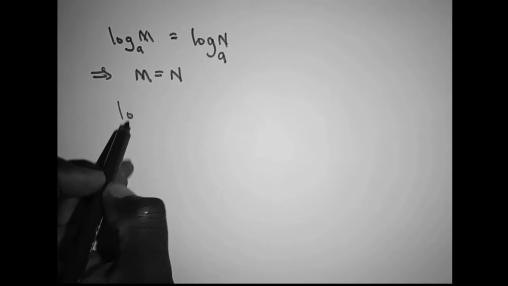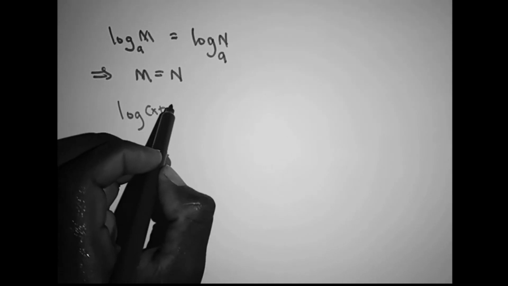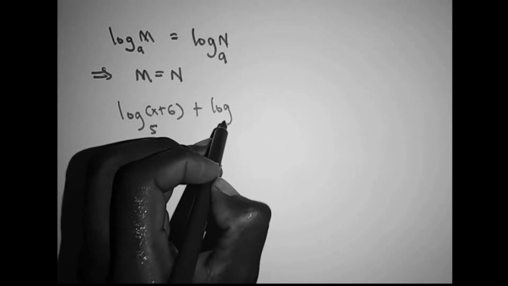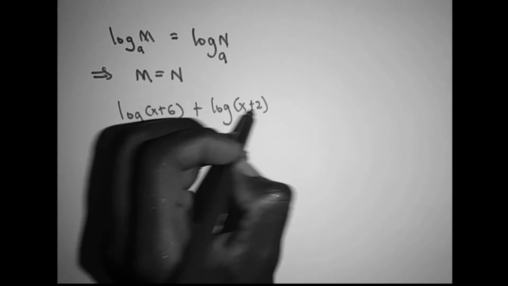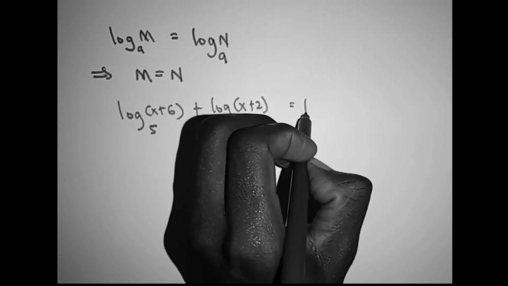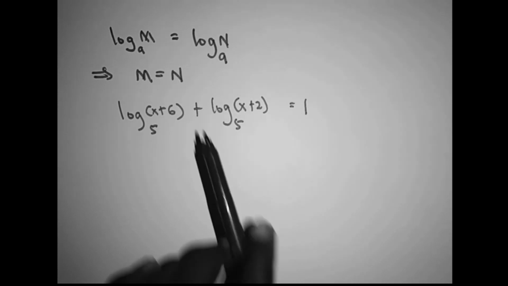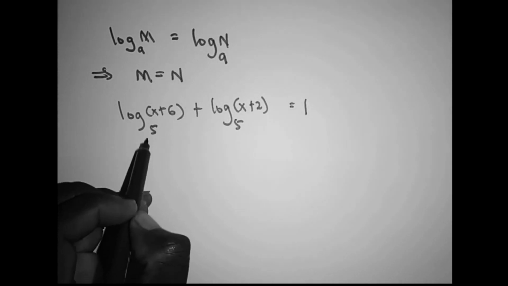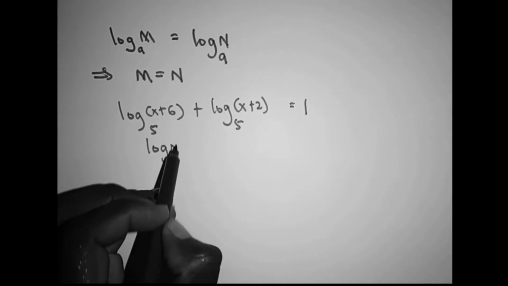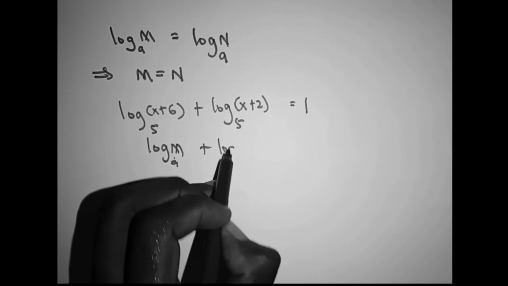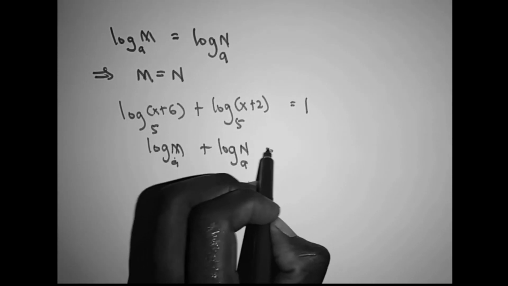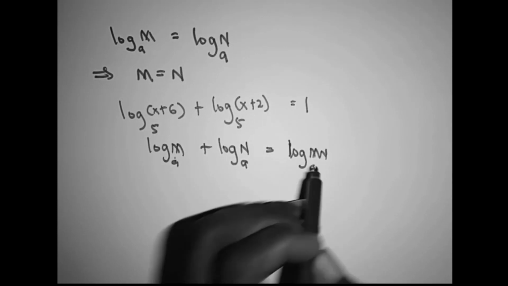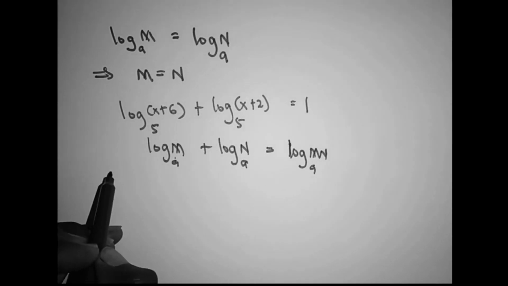Let's solve log x plus 6 base 5 plus log x plus 2 base 5 equals 1. So what do we do? Since we are adding these logs, we need to use the formula log m base a plus log n base a equals log mn base a.